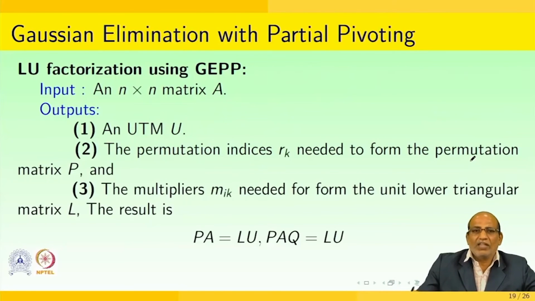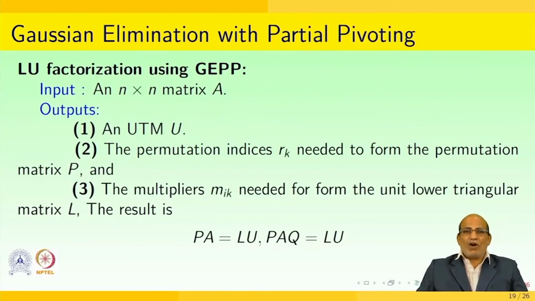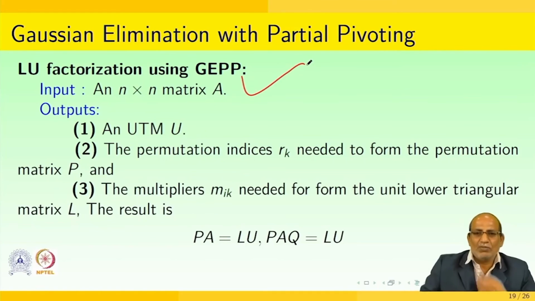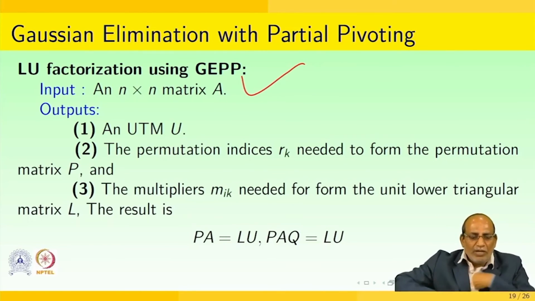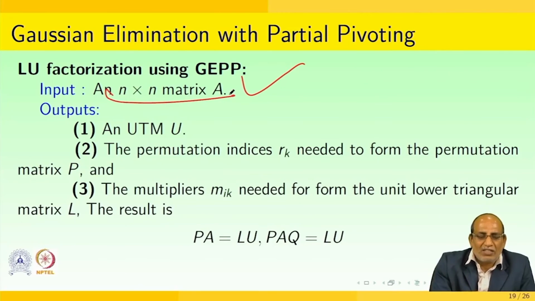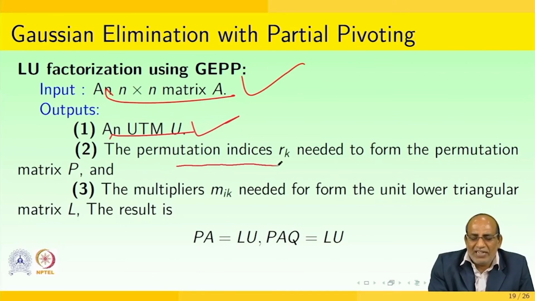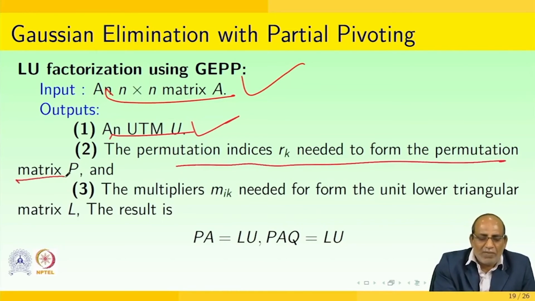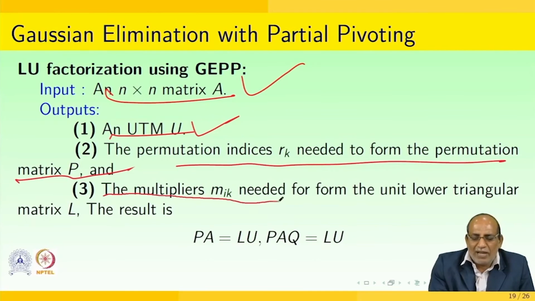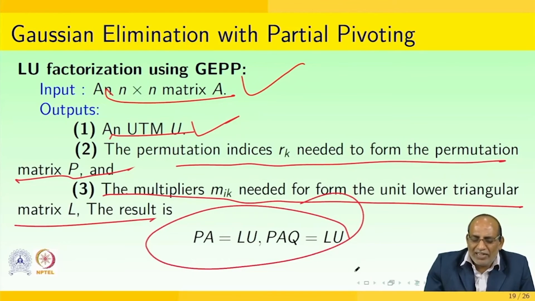Well, further let's go ahead with Gaussian elimination with partial pivoting. What is this algorithm? How does it look? How do you compute the partial pivoting? LU factorization using Gaussian elimination with partial pivoting. What is the input given to you? The input is an n by n square matrix. What is the output? An upper triangular matrix U, the permutation indices Rk needed to form the permutation matrix P, and the multipliers Mik needed to form the unit lower triangular matrix L. As a result, we want to write A equal to L into U using the permutation matrices.